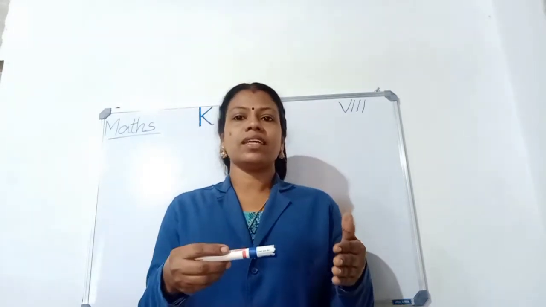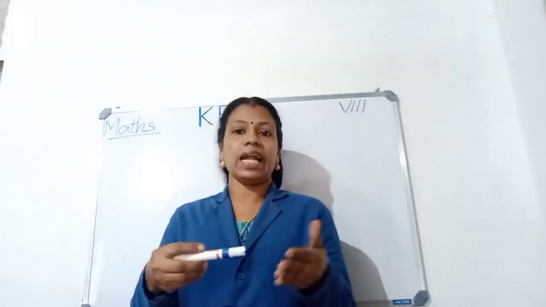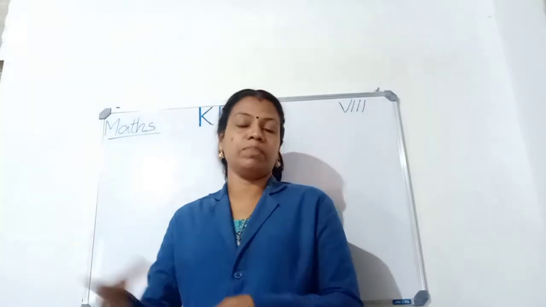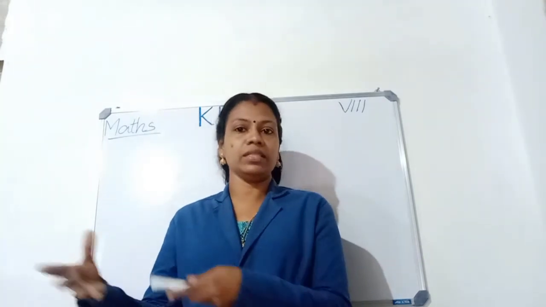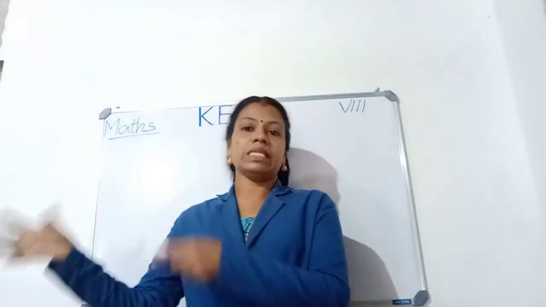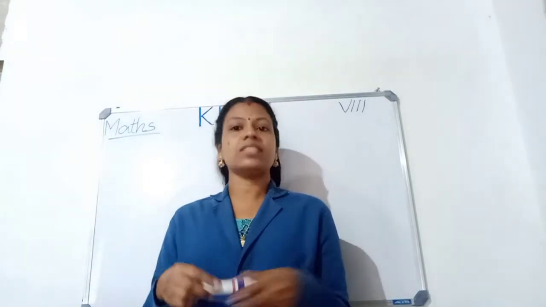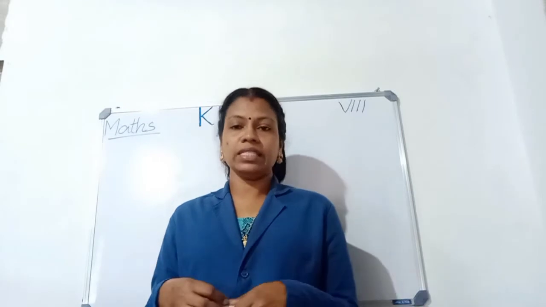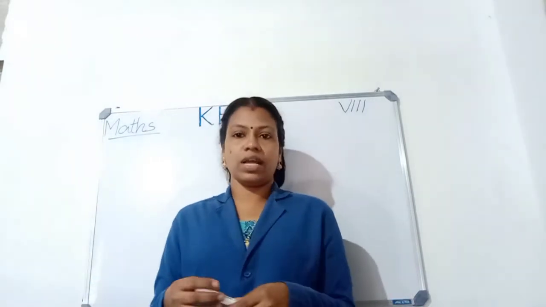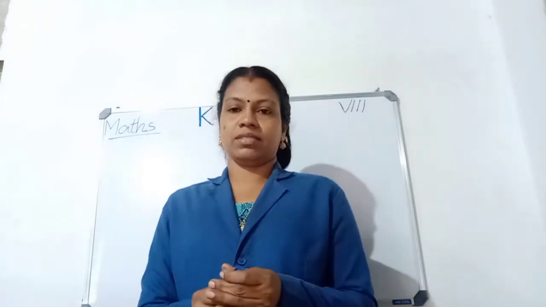It is a collection of 3 numbers, because triplet or triple means what? Number 3. So it is a collection of 3 special numbers, known as a Pythagorean triplet. Let's see which numbers are known as Pythagorean triplets.